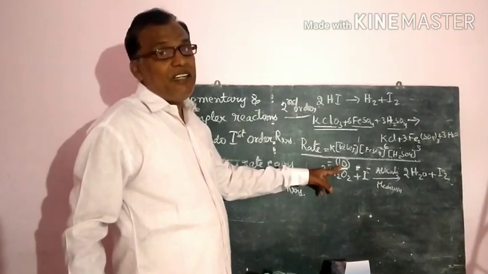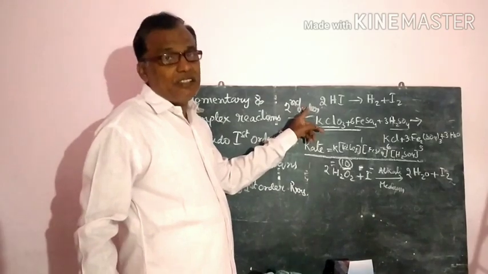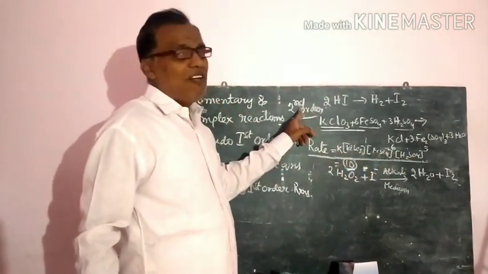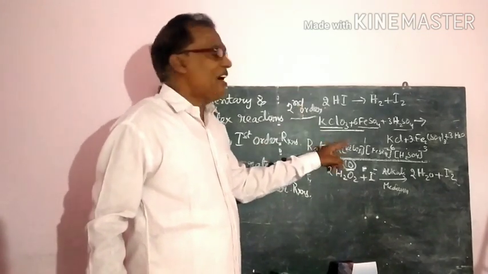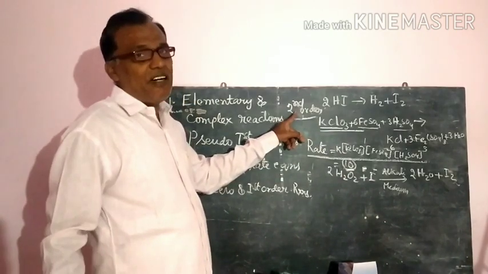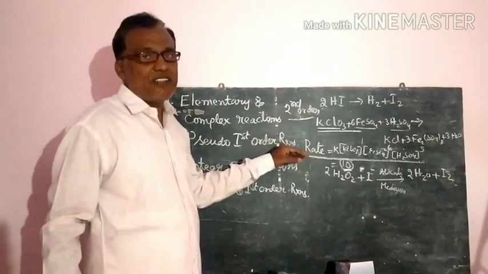But practically, experimentally, they found that it is a second order reaction. That means the original order of the reaction and the experimental value are different. The reactions which show one order but follow another order, we call pseudo first order reactions.